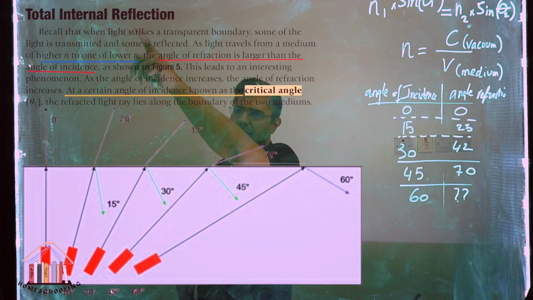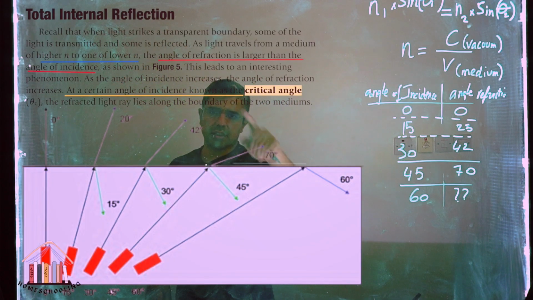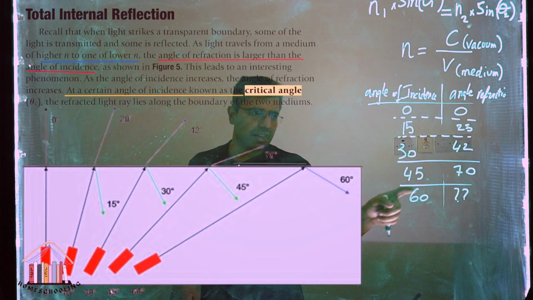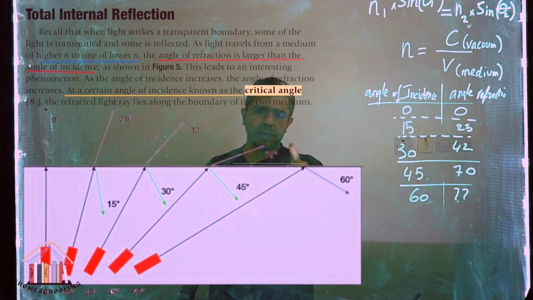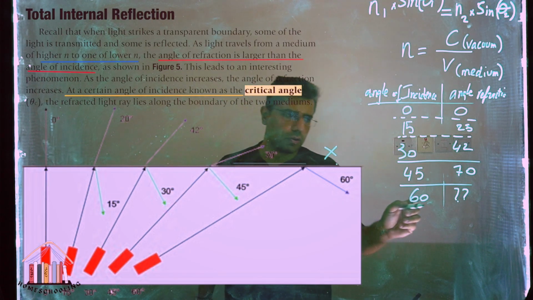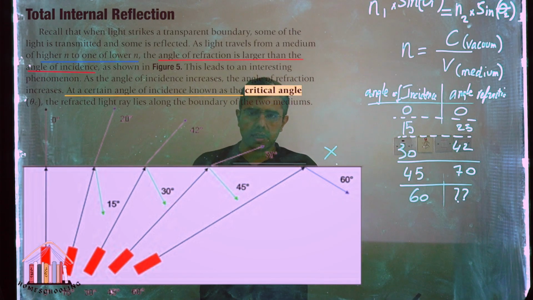That's why they say in the title it's a total internal reflection. If we increase the angle from 30 to 45, then from 45 to 60, we don't get any refraction. All the light is reflected down. That's what we mean by internal reflection.